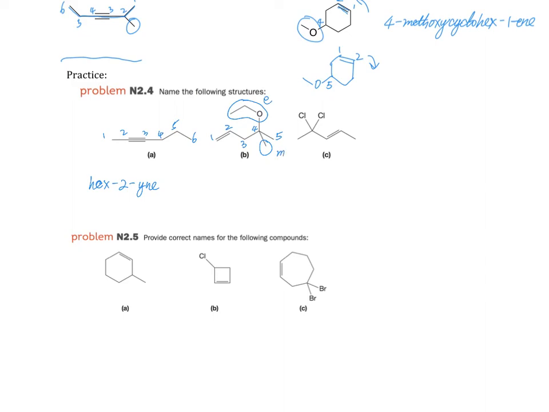When we name it, we should go from the direction of 4-ethoxy, 4-methyl, and pentene. For linear alkenes, we should indicate the location for the multiple bond. 1-ene. Is that clear?